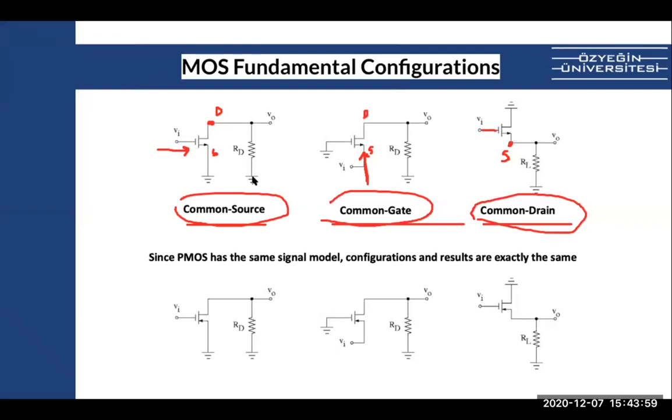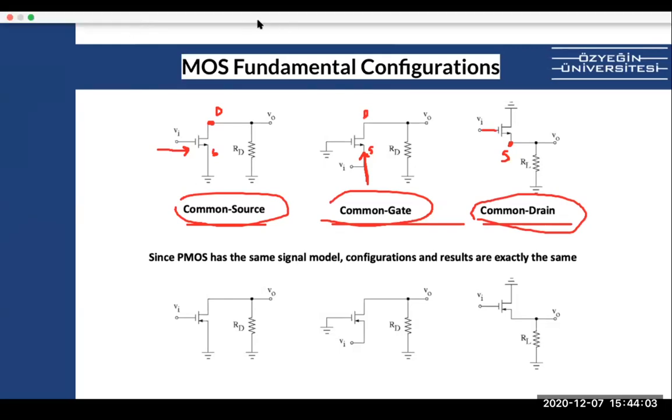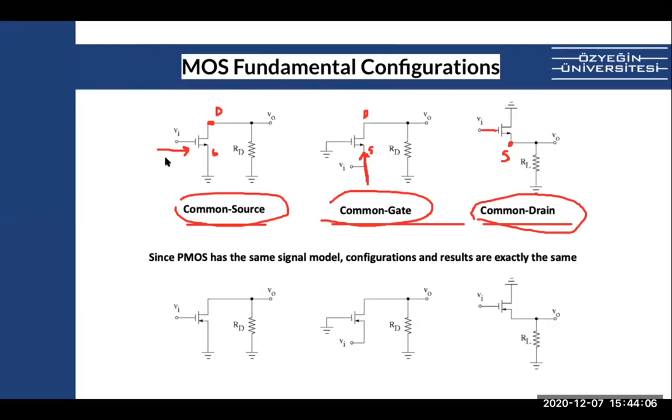Before explaining that, I want to highlight this again. A common source means the source is grounded. A common gate means you have a DC signal here, but it's not AC. So in the small signal, DC gets shorted. We are looking at the AC domain. You don't really care about the DC signal.